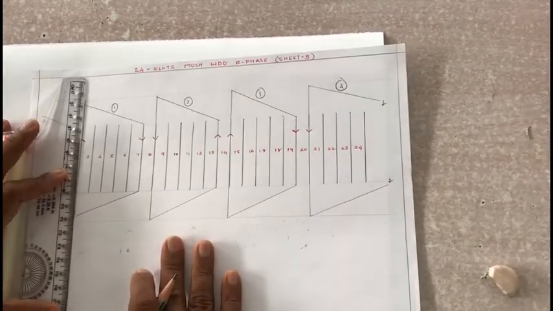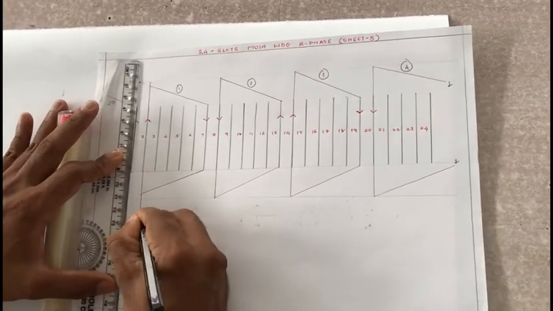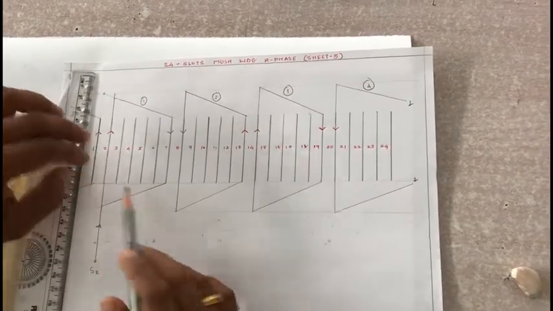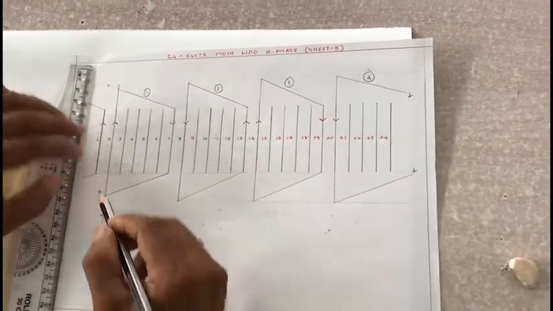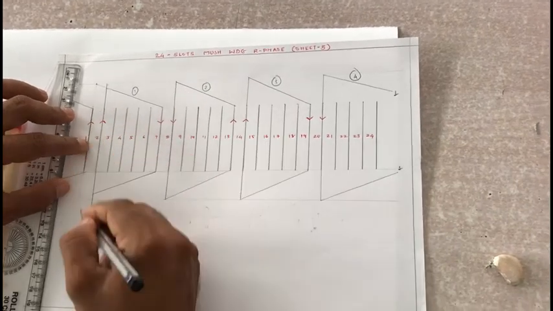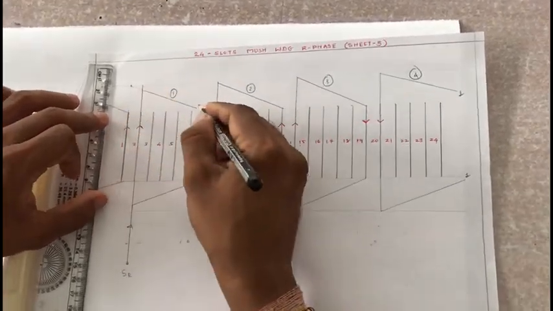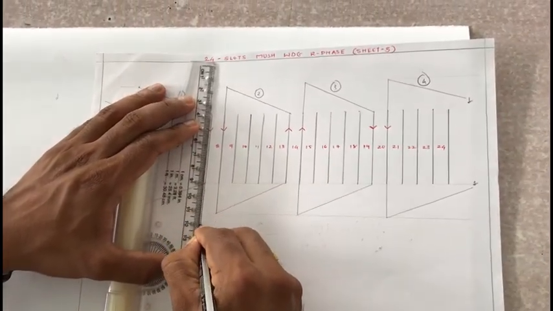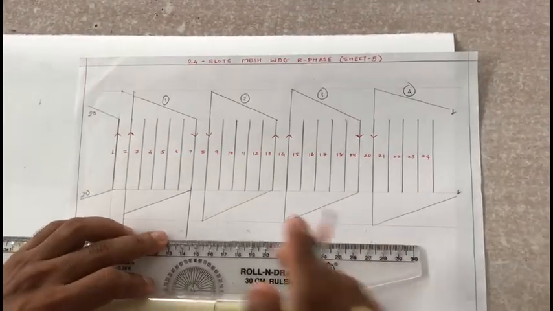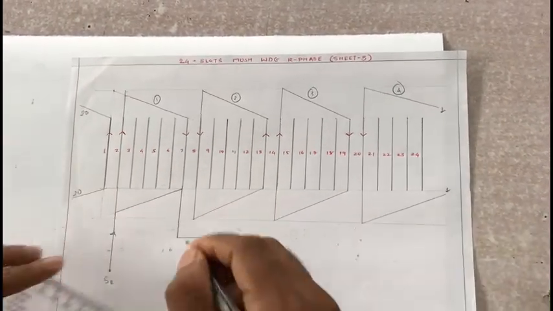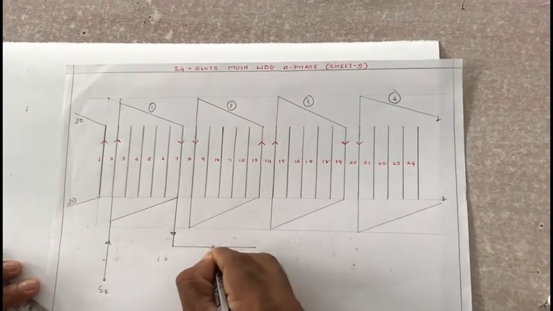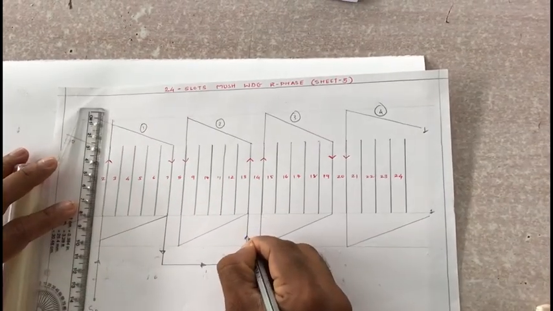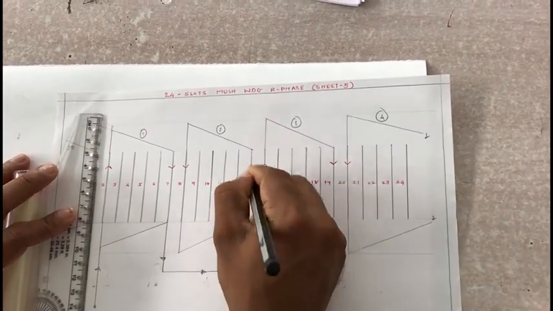Now to the first coil we will give the starting of R phase, because all the conductors are from R phase, so this is our starting of R. The current will flow like this and out from conductor number 7, and it goes to conductor number 13, because we know that this is the incoming conductor.